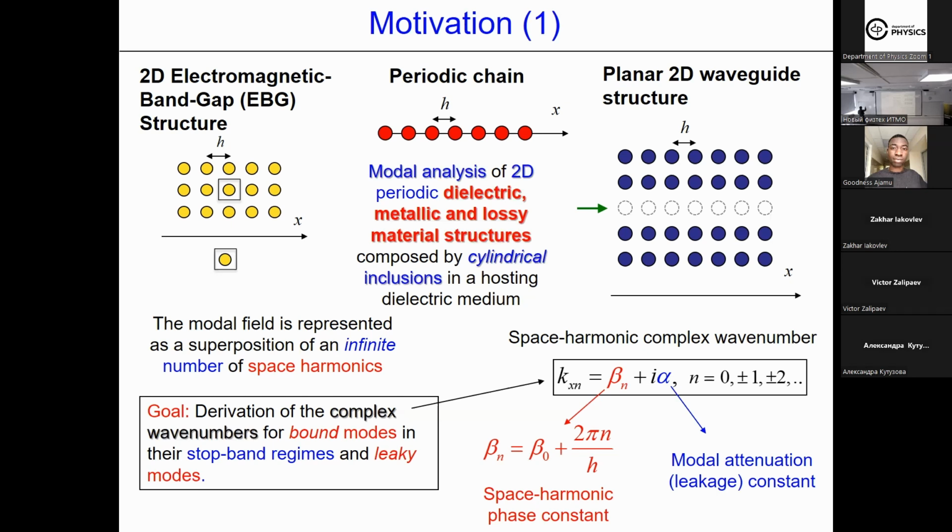Okay, for example, here we assume that we have structure 1. This structure is characterized by a reflection matrix, let's call it reflection matrix 1. Here we have structure 2, and this is characterized by reflection matrix 2. And here we have this Kx, which is actually a complex value.